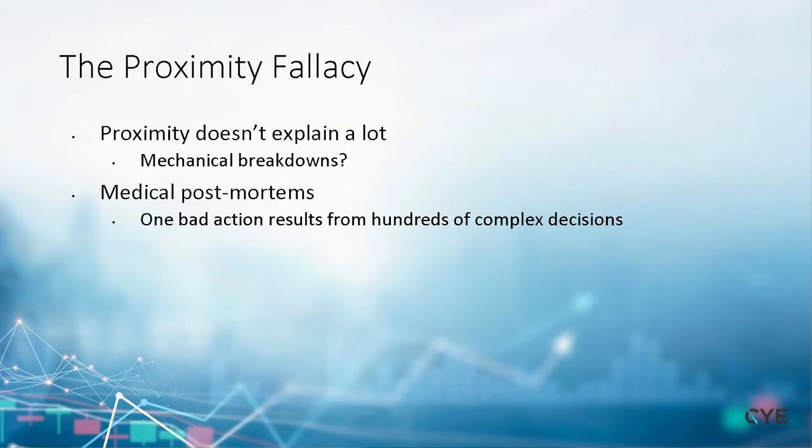Then they go back to the previous decision, and so on and so on. And what they found was when there is doctor error in one form or another, the actual error occurred 100 decisions or more before the actual action that caused the death. So they had to go back and figure out why all these things happened. So just figuring out what happened right here and now is not the real problem that they found when they started investigating things.